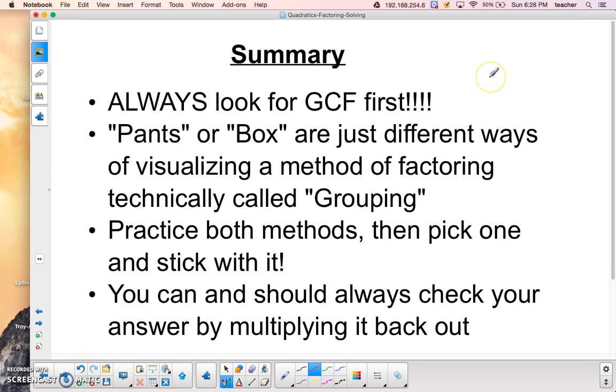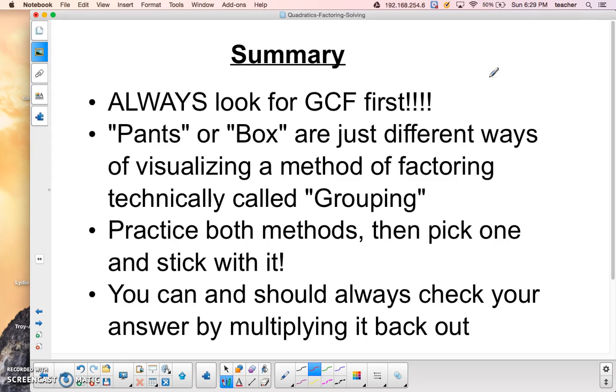The summary is always look for a GCF first. We're going to have problems that you can make much easier if you first take a GCF out of the entire problem in standard form before you start with the whole belt buckle thing.